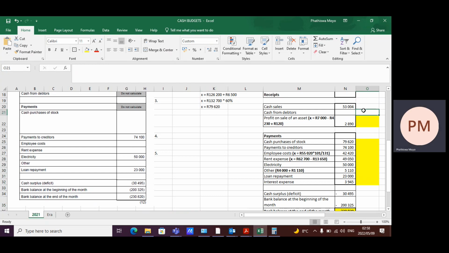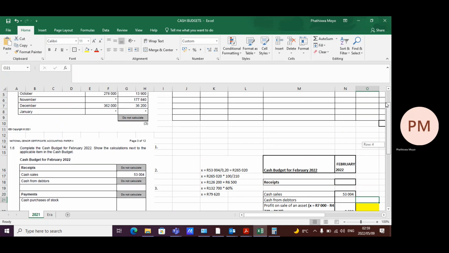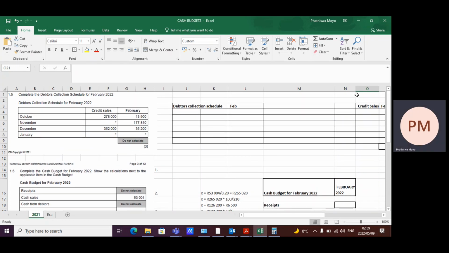Let's come to this one, guys. Cash from debtors. October.